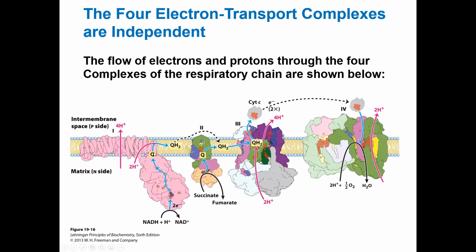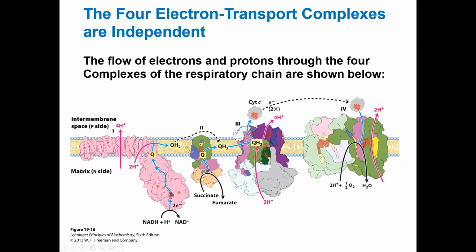And in that process, it picks up 2 protons from the matrix side and pumps 4 protons into the intermembrane space. Intermembrane space, what we call the P side, is the space between the inner mitochondrial membrane and outer mitochondrial membrane, right? And this is the N side, which is the matrix side.